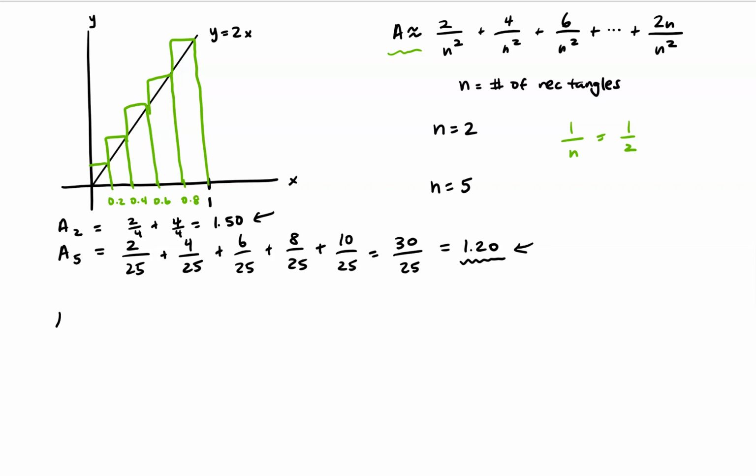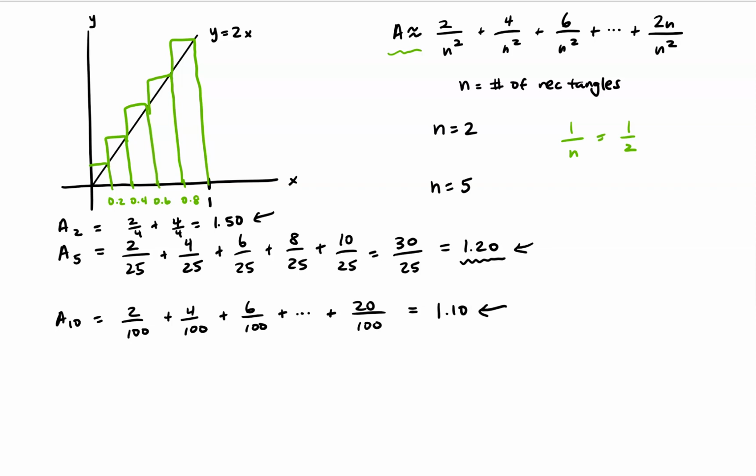So let's do a sub 10, and that's going to be 2 over 100 plus 4 over 100 plus 6 over 100 plus dot dot dot, and then our last term is going to be 20 over 100.